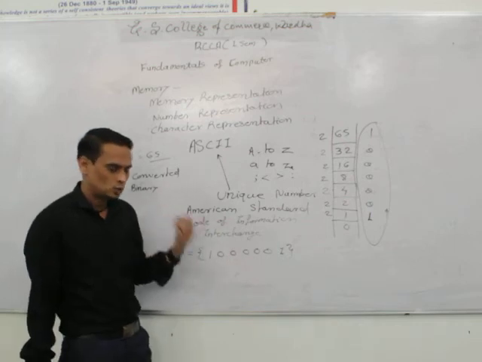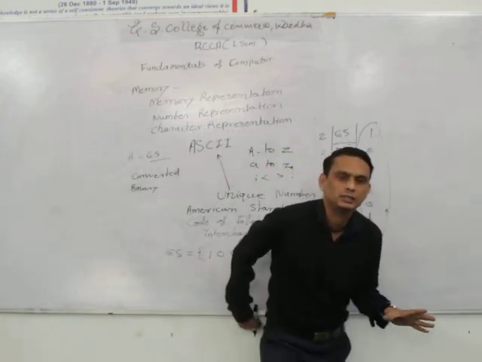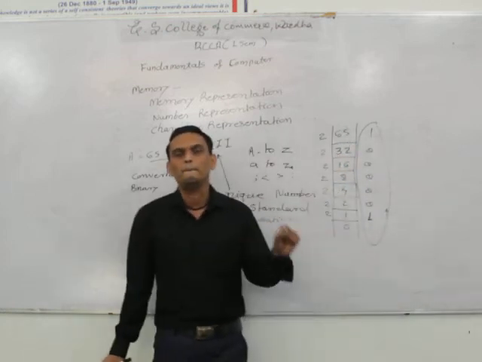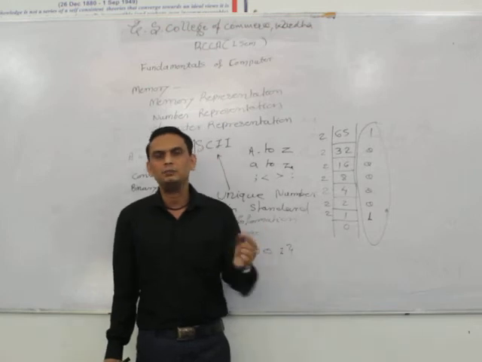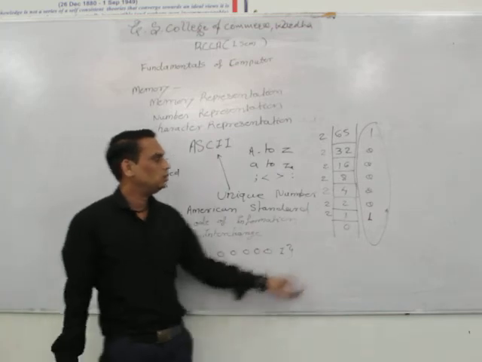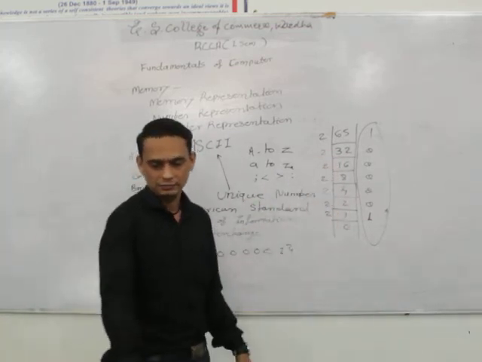When we store a character or a number, we need memory space, and that memory space is identified by the byte, and byte is calculated according to the bits, and 8 bits equals 1 byte.